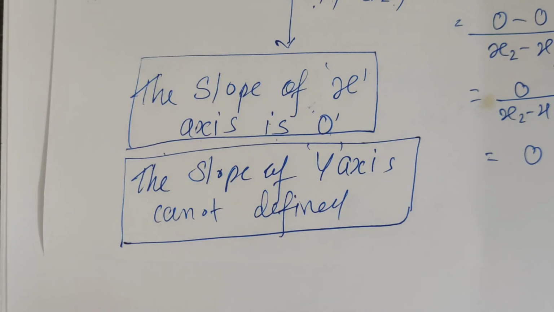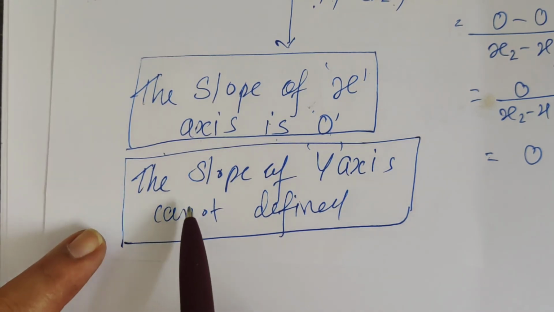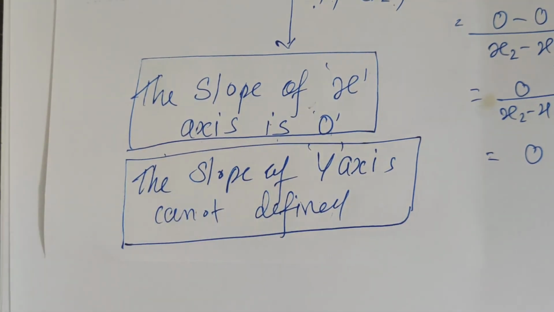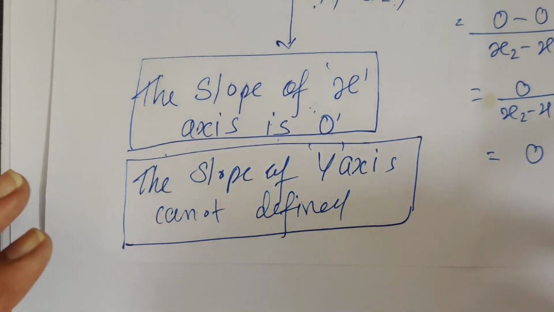But y-axis is a vertical line, a standing line, and there is no question to think about the slope. And so the slope of y-axis cannot be defined. X-axis has a slope, but that is 0. But y-axis is a vertical line, and so the slope of that line we cannot define.